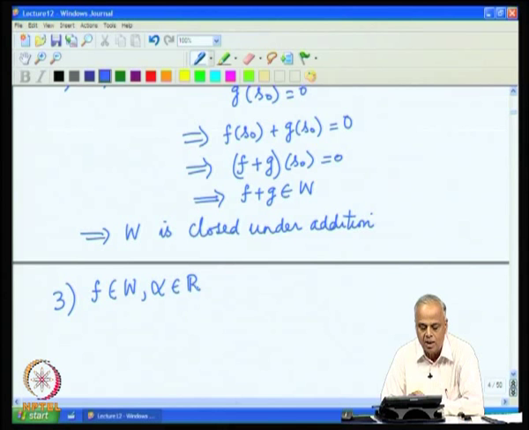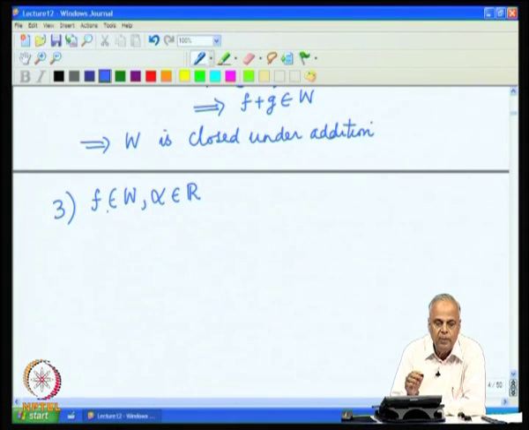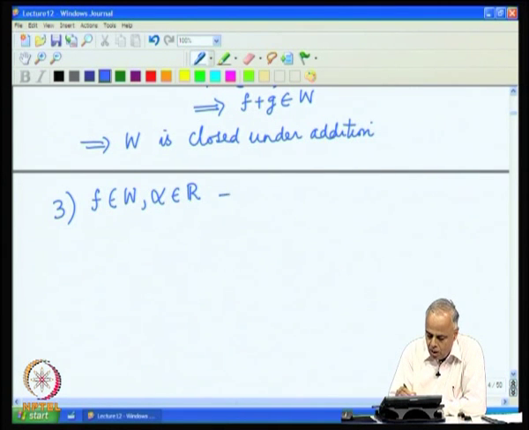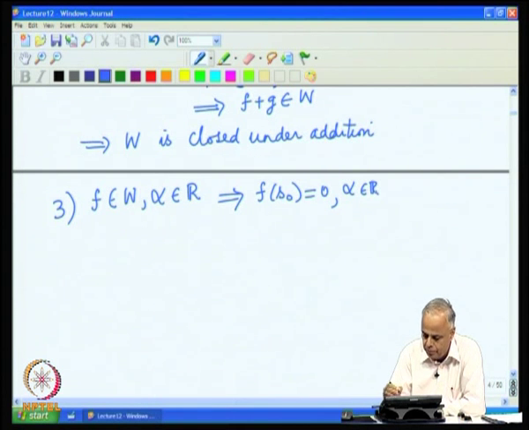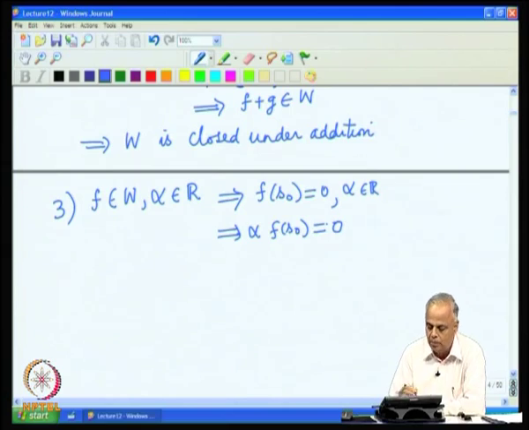Now, our scalars are R, because the collection of all functions from S to R is a vector space over R. So, take a function f in W and a scalar alpha in R. Now, since f is in W, it must take the value 0 at S naught, and of course, we are given alpha is in R. And therefore, if I multiply f of S naught by alpha, I will have alpha times 0, which is again 0.